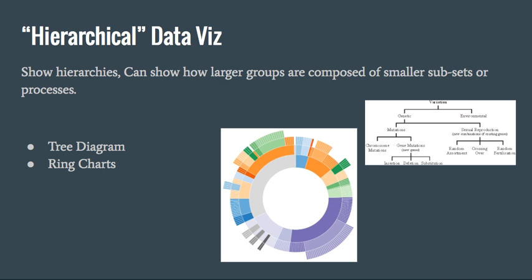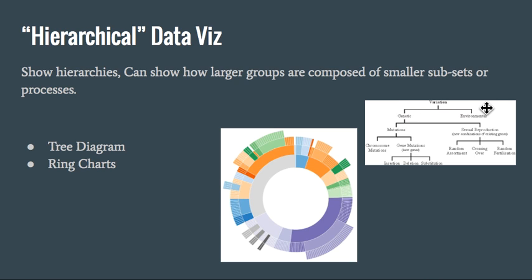And then we have things like hierarchical data visualizations, which show hierarchies, or how certain things are put together to be part of a group, or how a big group of things breaks down into its individual components. Over here we have a tree diagram, so we start with something big. Think of kingdom, phylum, class, order, family, genus, species.